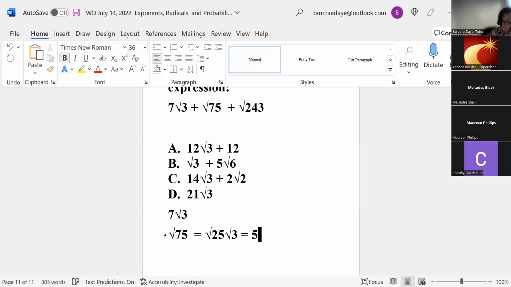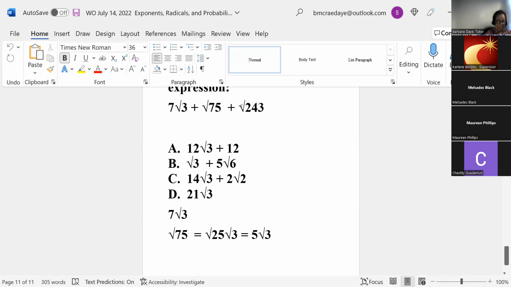So that would be 5 times the square root of 3. You already have 7 times square root of 3. Now you took your 75 and made it square root of 25 times square root of 3. Square root of 25 is one of your perfect squares. That's 5. 5 times 5 is 25.